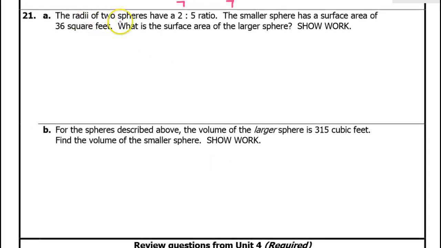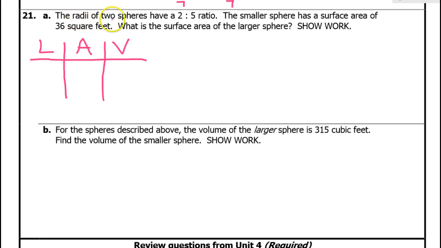Okay, the radii of 2 spheres have a 2:5 ratio. All right, let's go ahead and start our length, area, and volume scale factor chart right now. Okay, length, area, and volume.